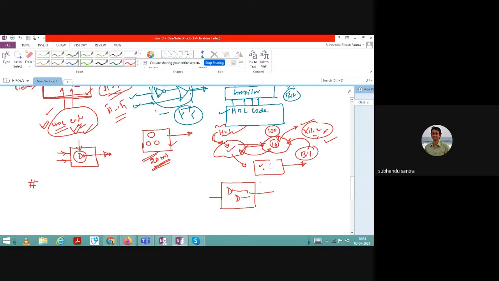Now how do you understand whether this will work or not? Practically they have a simulation platform, okay. In this software there is a simulation platform. In the simulation you arbitrarily change the input, okay, and you see whether the corresponding output you are getting is exactly correct or not. If you are happy, okay, now this is what I want, and this circuit is perfectly fine, then you can go ahead with the bit file generation. This is called synthesis, okay, and then you can dump to the hardware, okay.